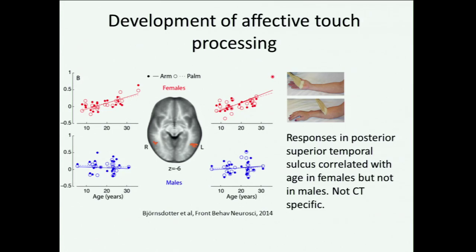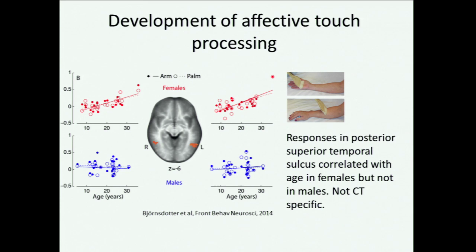And we have looked specifically at the superior temporal sulcus, and we have done fMRI in subjects from 6 years old up to 36 years old, and we found a bilateral activation of STS, superior temporal sulcus, across ages, but there's a female-specific increase in activation that we don't see in men.